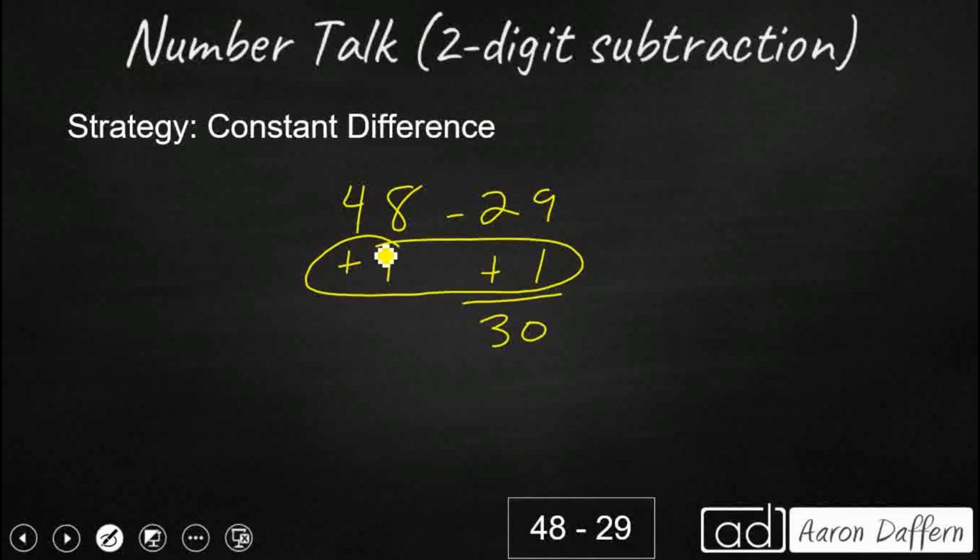And if I add 1 to both the minuend and the subtrahend, it's a balanced expression, and the difference between these two are going to stay the same. So watch this. I've got 49 minus 30, and I'm going to get my same answer of 19. So if you add 1 to both of them to make an easier problem, you don't have to do any addition or subtraction. That's it, because you kept a balanced expression because they stayed the same difference apart.